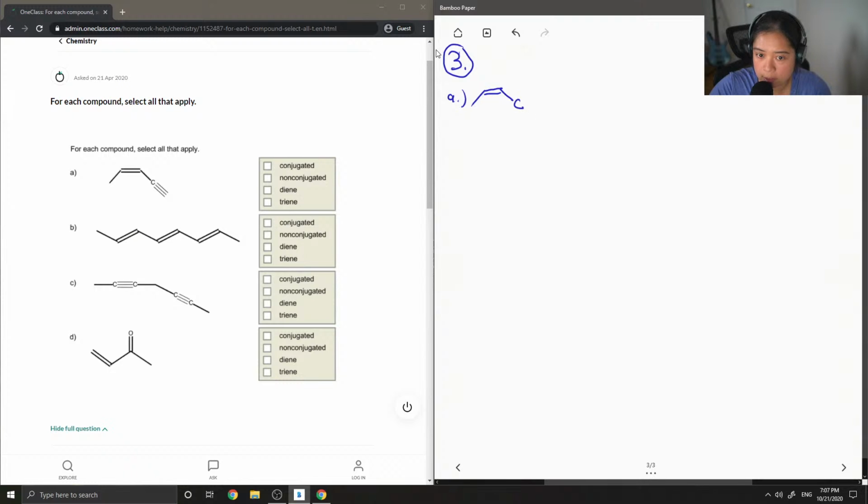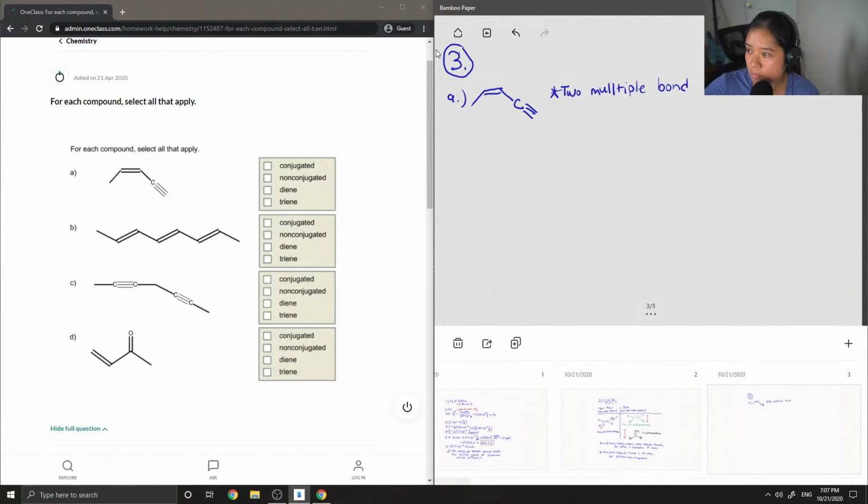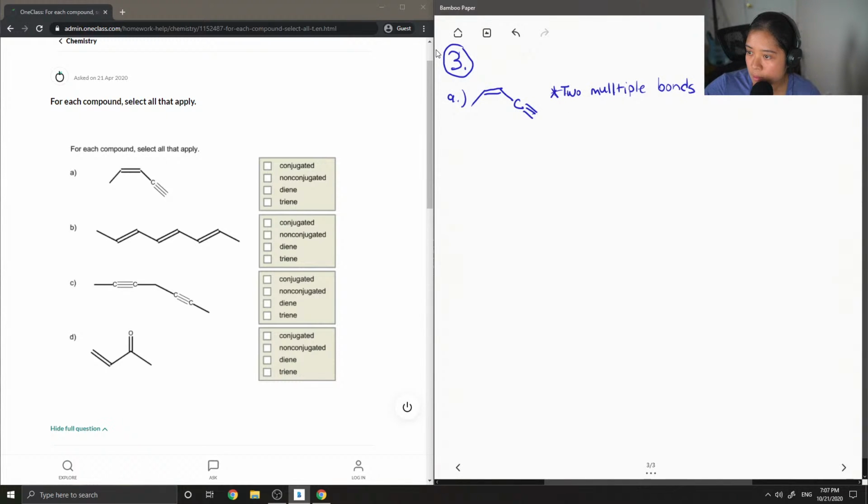So we have a double bond here, and then we have a triple bond at the end. So for here, 2 multiple bonds are separated by 1 carbon-carbon single bond.